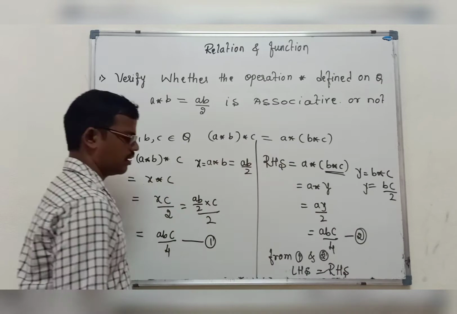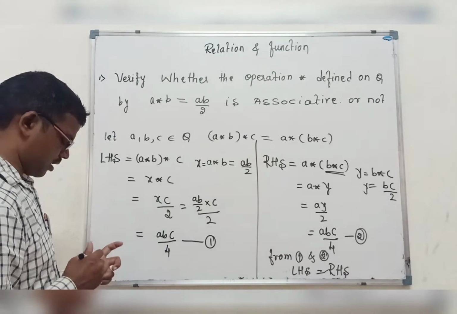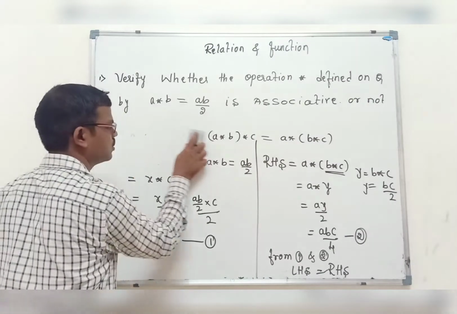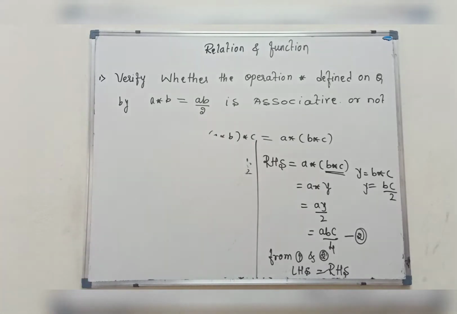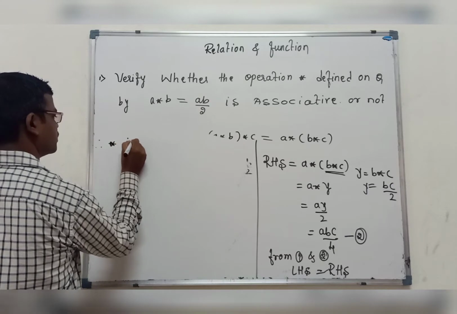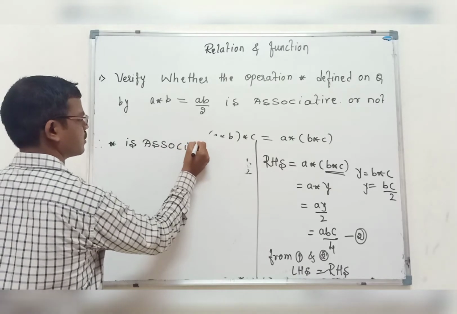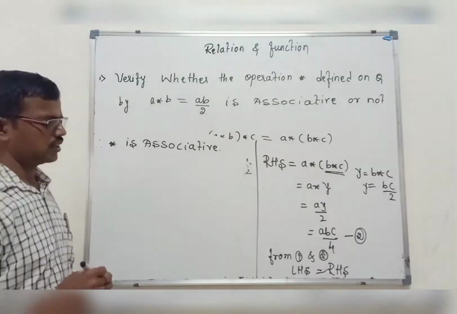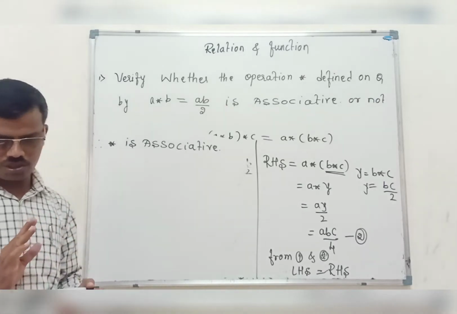When LHS and RHS are equal, we say star is associative. Therefore star is associative. So this is about the 2014 question paper; it was asked in the 2014 question paper.